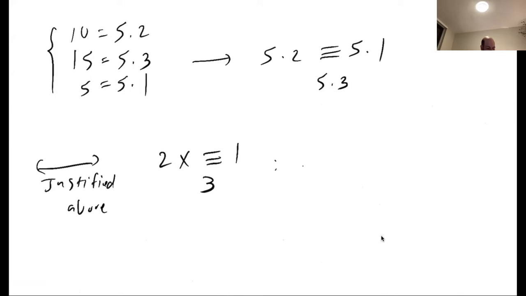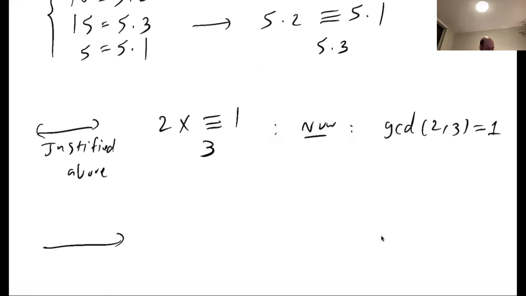And now, as we expect, we have reduced the problem to a problem from case 1, where the GCD of A and M is 1. So now the GCD of 2 and 3 is 1. So that means I have to multiply. Do you remember the algorithm in case 1?